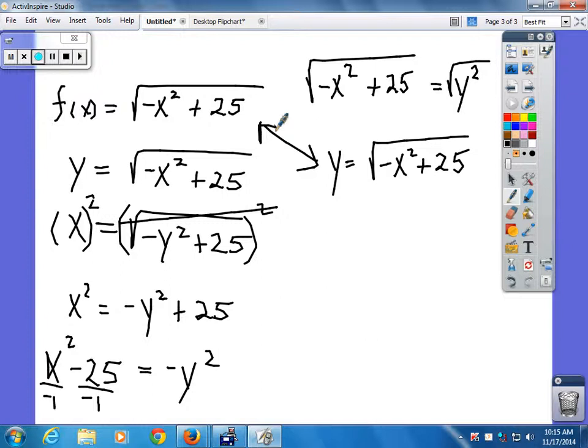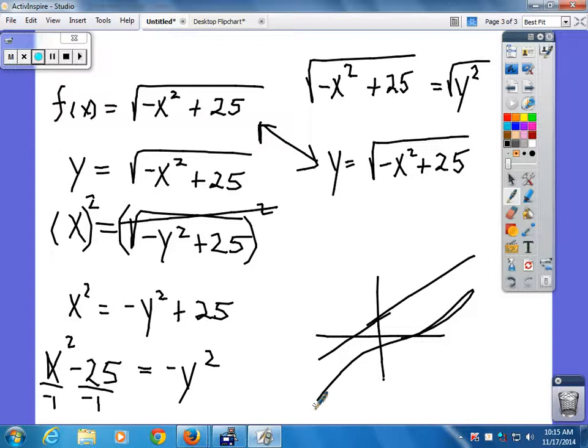What is a one-to-one function? A one-to-one function basically means that you have a line or a curve or whatever, and you put a vertical line through it, and it's called the vertical line test. And if you put a vertical line through it and it only intersects at one place, that means it's a one-to-one function.